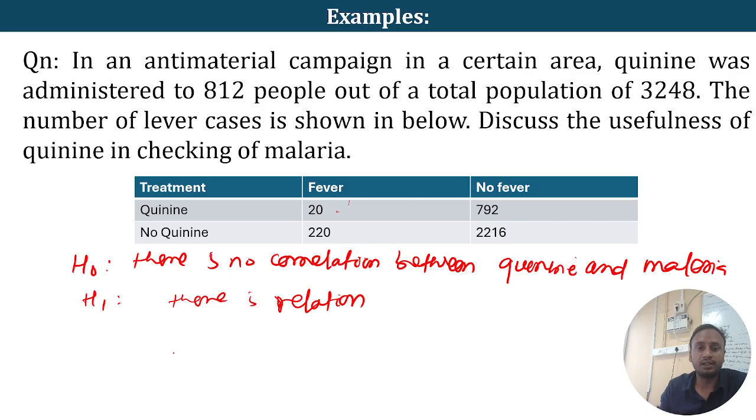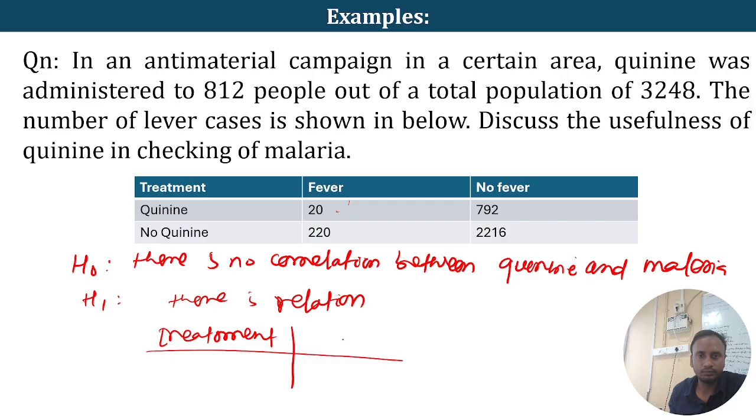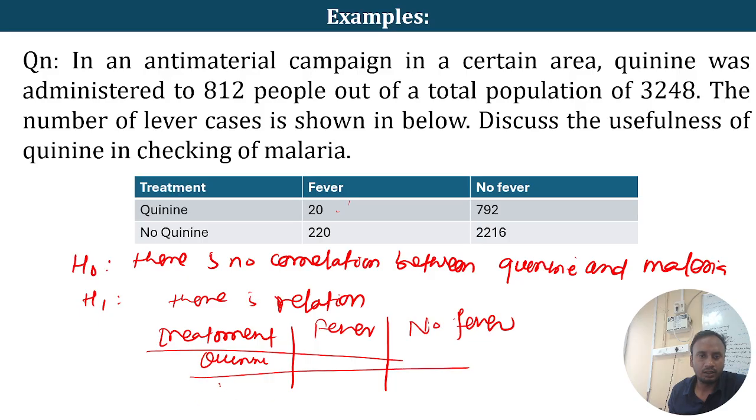So now we'll make the contingency table. We have the treatment: fever, no fever, quinine, then no quinine.